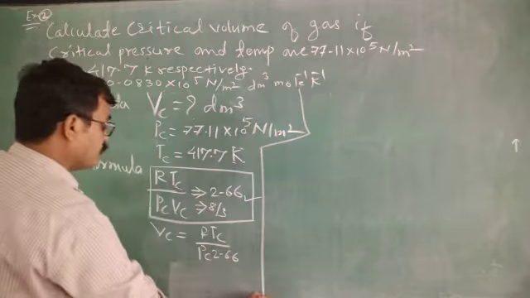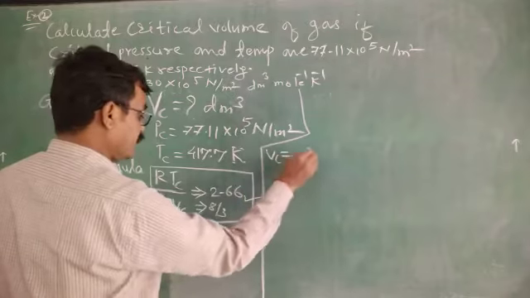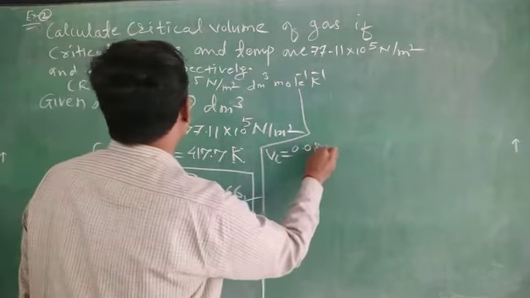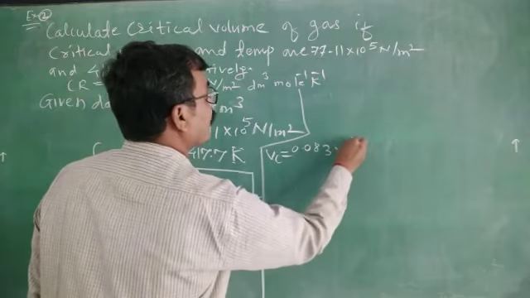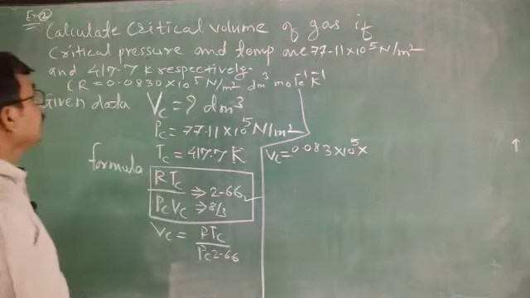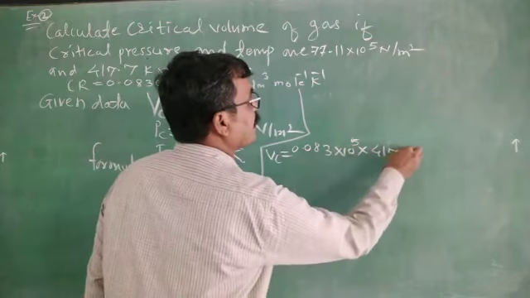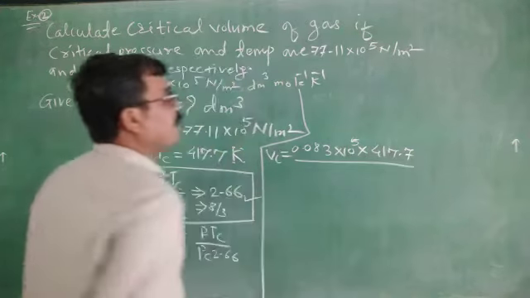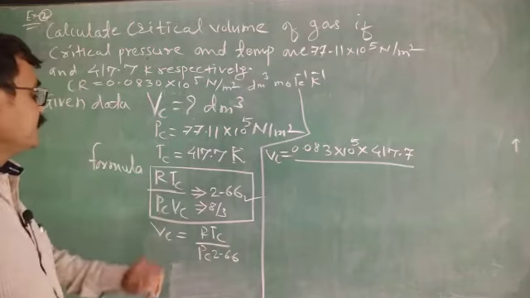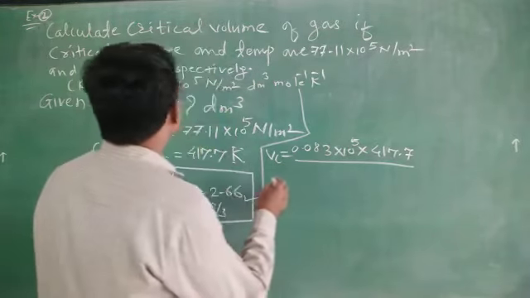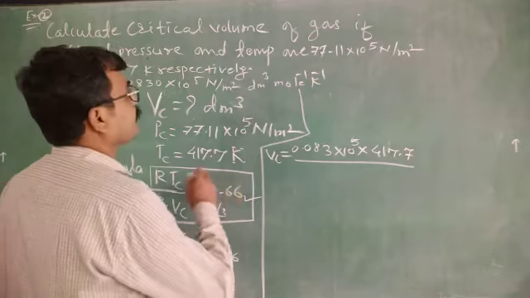Further calculate VC is equal to, what is the value of R? It is given 0.083 into 10 raised to power 5. What is the value of TC? Critical temperature is given 417.7 upon RTC upon PCVC. That's why PC into 2.66. What is PC? PC is also given. Critical pressure is given.